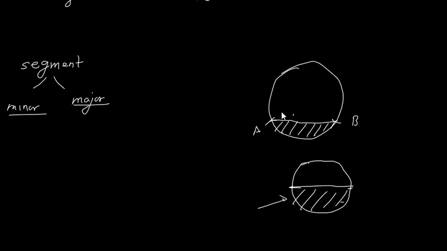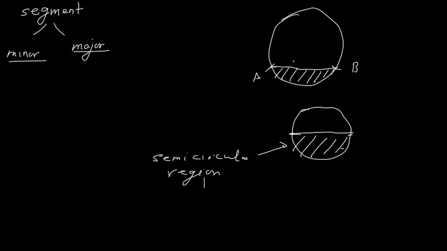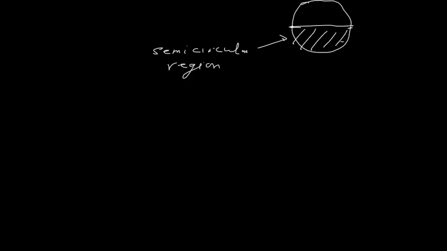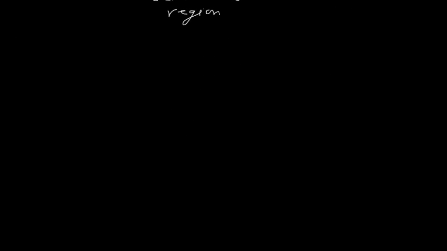So this is semicircular. So what is semicircular region? Semicircular region is the circular region when the endpoints of chord are the endpoints of diameter. This is semicircular region.